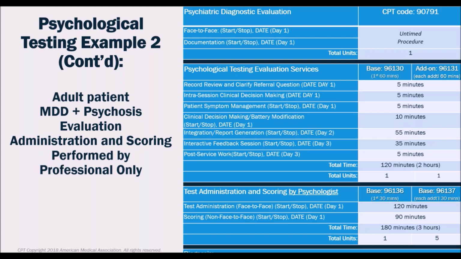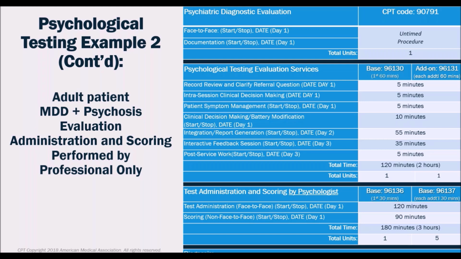And that takes maybe roughly 5 minutes, but that would be dependent on your interaction and may vary. Patient symptom management and managing the person's responses and behaviors during the evaluation. So if they get really upset when you're giving a personality test and have to stop and you need to intervene, that would be how you would capture that.